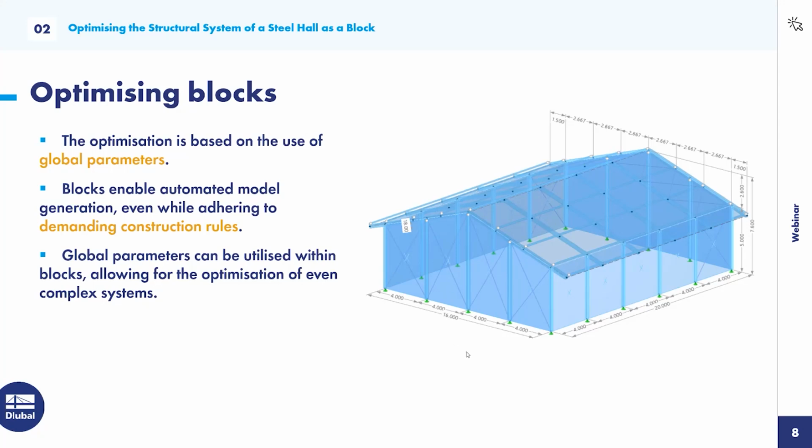So in the example today, we will not only optimize some small construction elements like you've seen before with the member, or maybe in the last webinar with more complicated members playing around with the geometry. We will try it out to give an idea what is possible with a more or less simplified real-life steel hall.